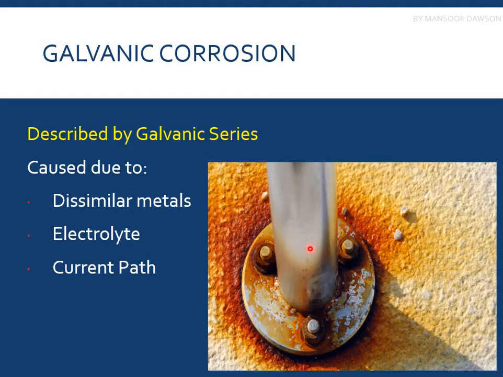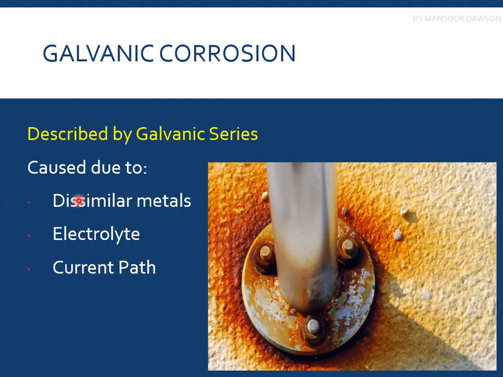If you have joined two parts with different metals, and they're exposed in a corrosive environment, they can fail from the joint. So you should avoid joining two dissimilar metals, or you should select metals which are very close in the galvanic series, so that the difference between the electrode potentials is very small.